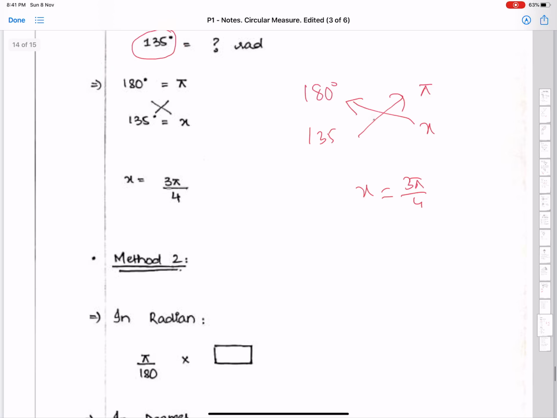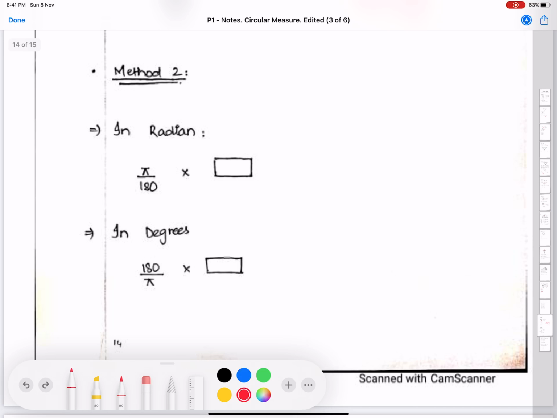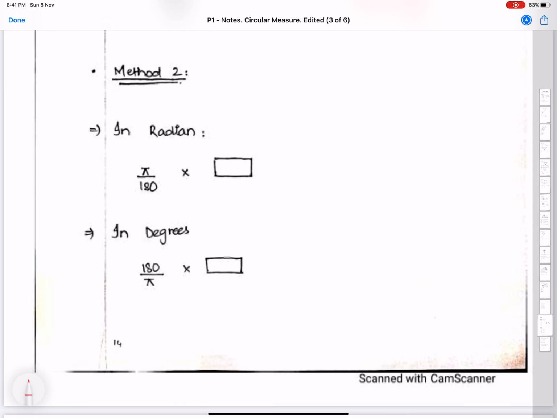And the second method is this box method. If you need your answer in radians, then you just need to multiply your given value with pi by 180. Let's suppose 135 is given, you just need to multiply 135 by pi by 180. You just need to remember this thing, that when you need the answer in radians, keep pi in the numerator.